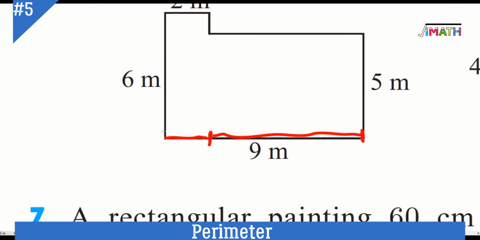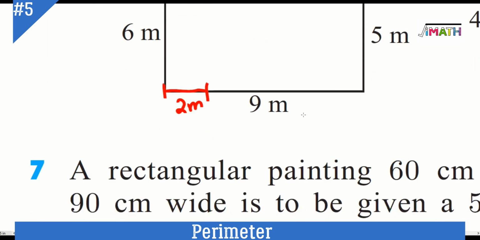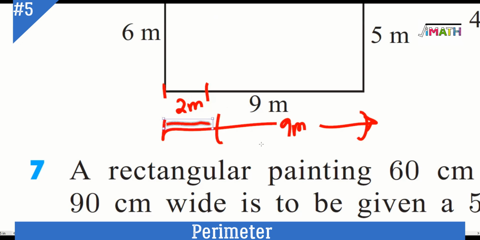Okay. Now we're going to use analytical skills here. If the total length of this side is 9 meters and this length is 2 meters here, what do you think? What's going to be the length of this area? 11?